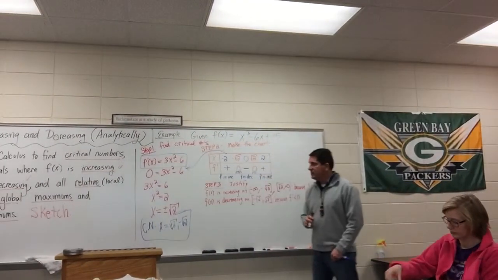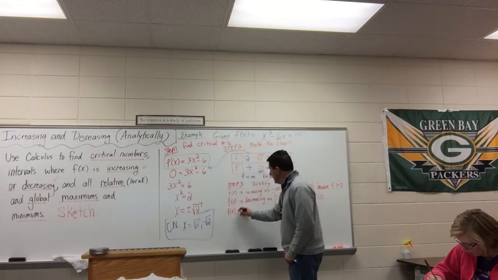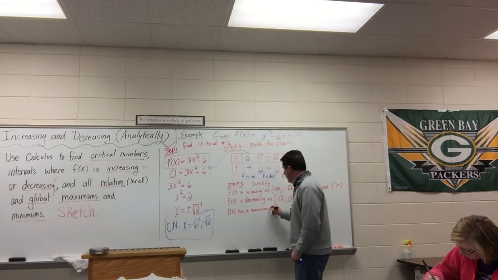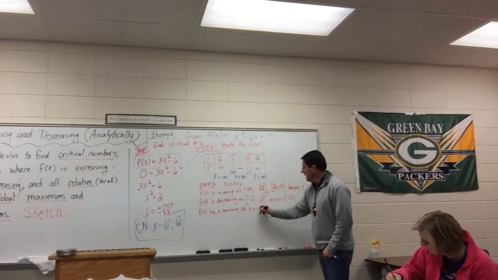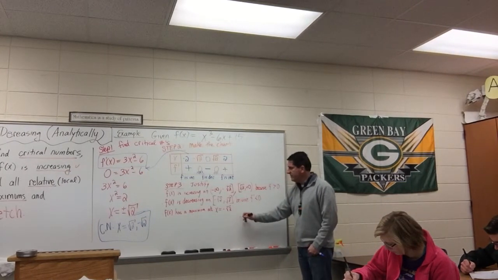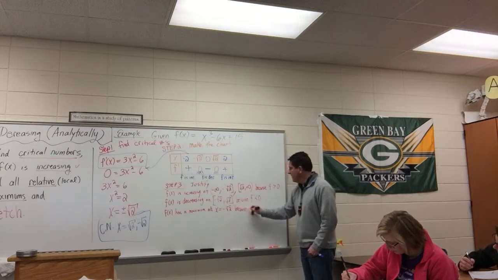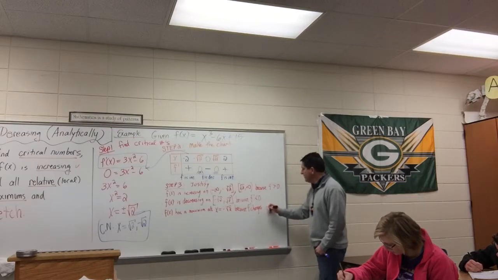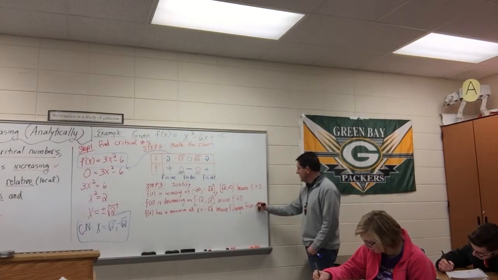Now we state max or mins. So we say that f of x has a maximum at x equals negative square root of 2. And the reason that you'll always put is because f prime changes from positive to negative.